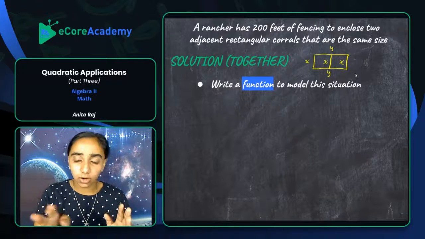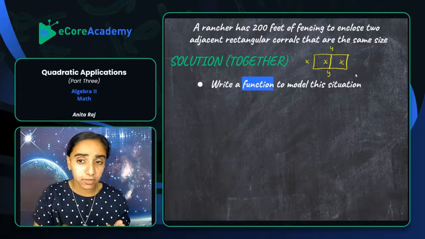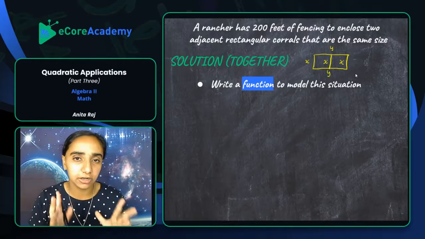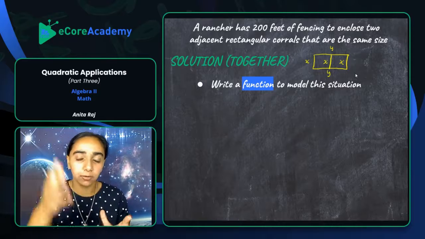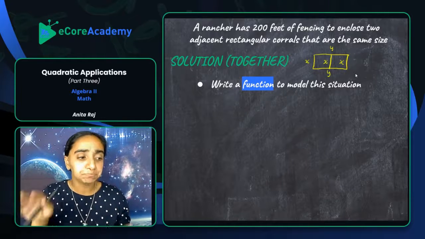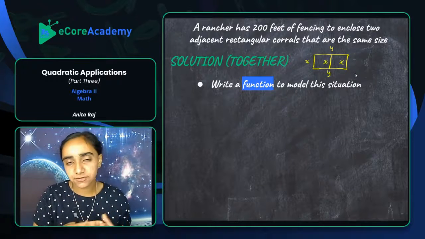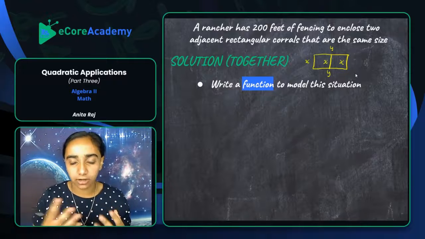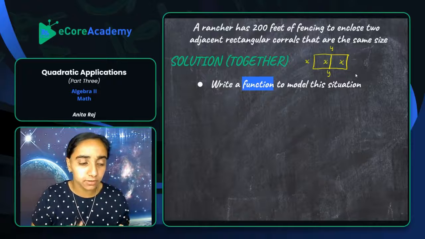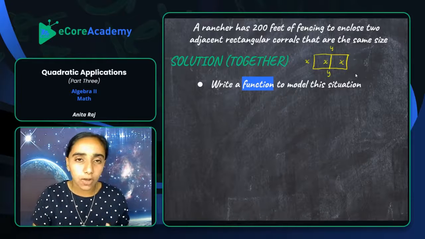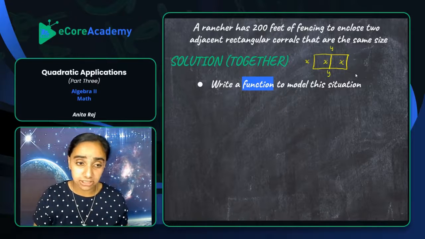So all of the sides combined with that barrier in the middle has to equal 220 feet of fencing, because remember perimeter, we have the perimeter of those two corrals combined with that barrier in between. Lastly, because we're asked for the maximum area in the last question, area is also going to play a factor. So if you want to think of the 220 feet as perimeter and then area as a totally different thing, go ahead. You can think of it that way if that's easier for you.